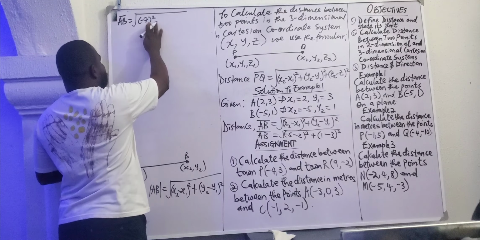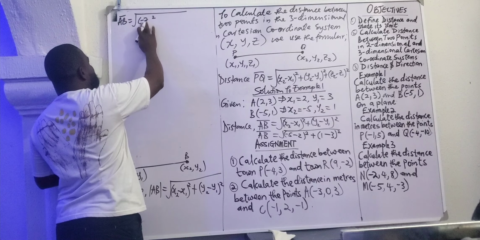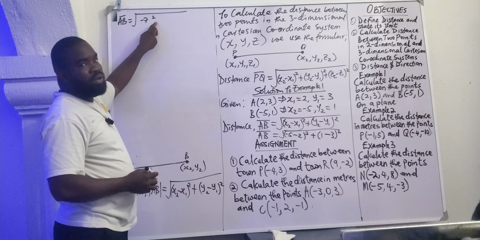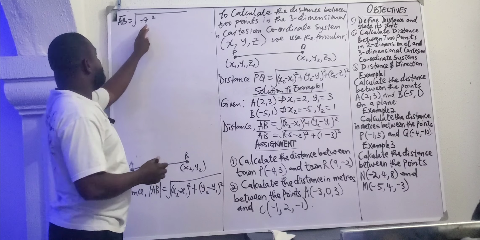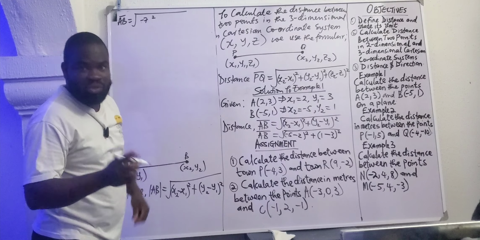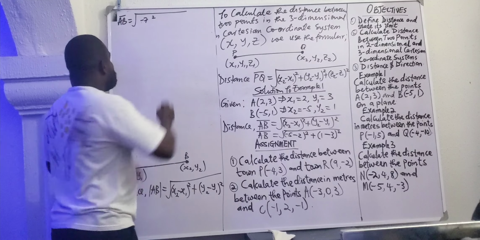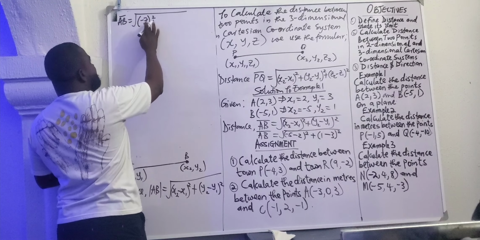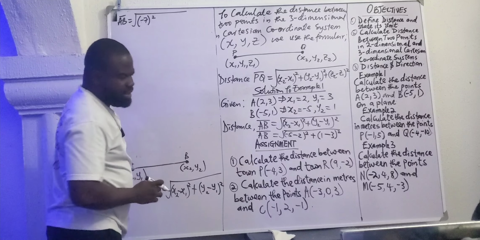So I advise as a student, please do not write it as -7 squared. Oftentimes students will square only the 7 and ignore the minus sign, and that will introduce error in the work. So please put it in bracket, and that means that both the minus sign and the 7 are affected by the square.